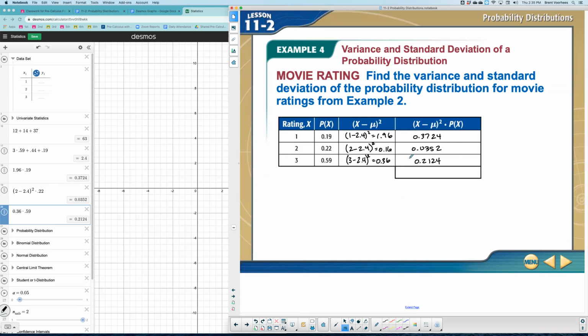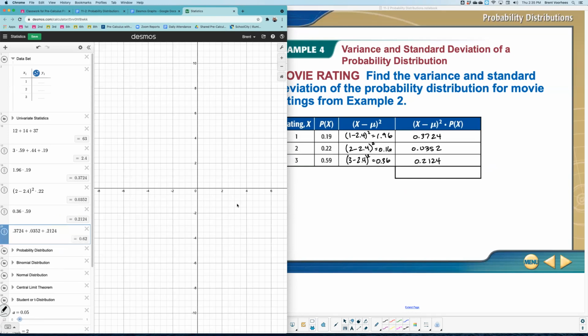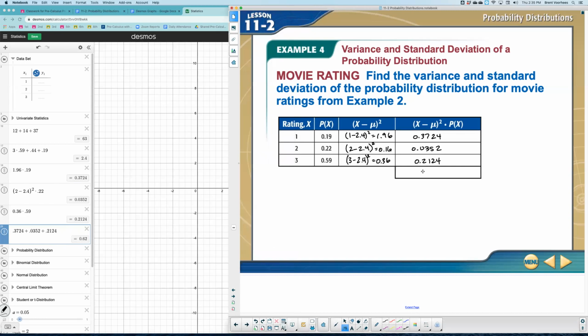Okay, so now that I have these values, if I add them together, I should get my variance. The variance is the sum of these. So 0.3724 plus 0.0352 plus 0.2124. And I get a variance of 0.62. That's the variance right there, which is the sum of all these values.